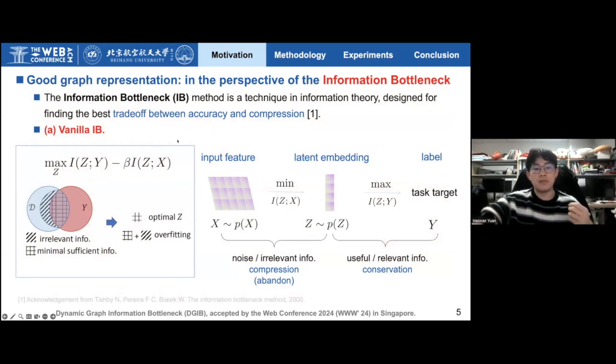For example, we first introduce the vanilla IB. The vanilla IB objective is to maximize the objective. Here, the I function means the mutual information. The mutual information of 2 variables is a measurement of the mutual dependence between the 2 variables.